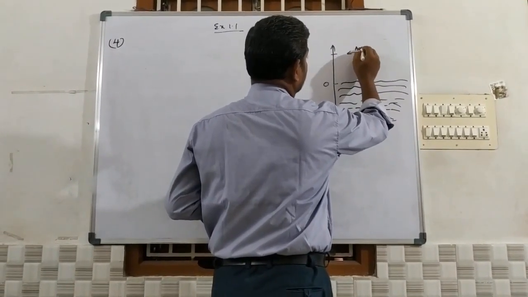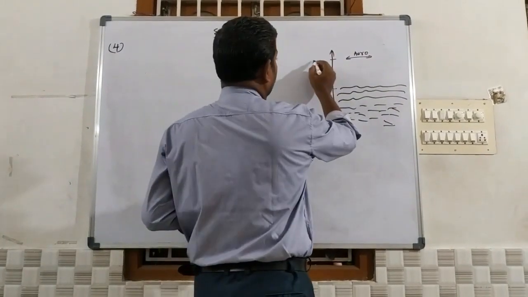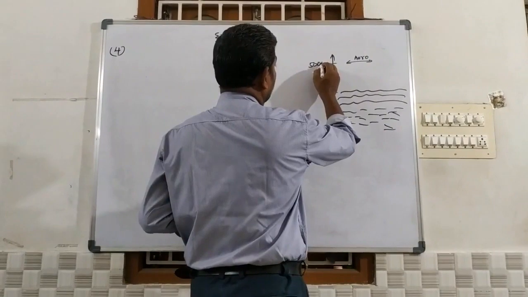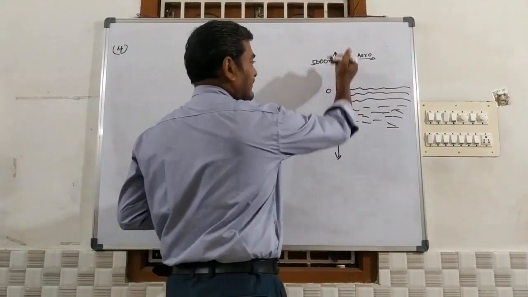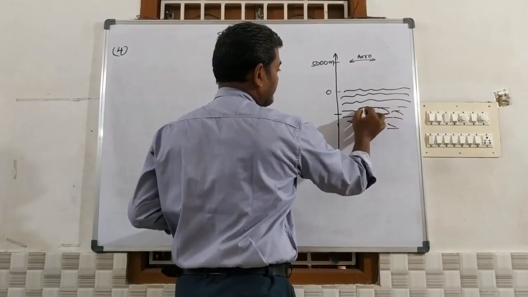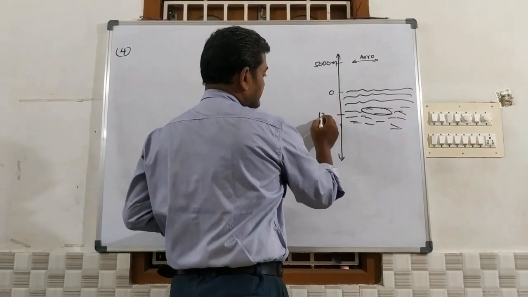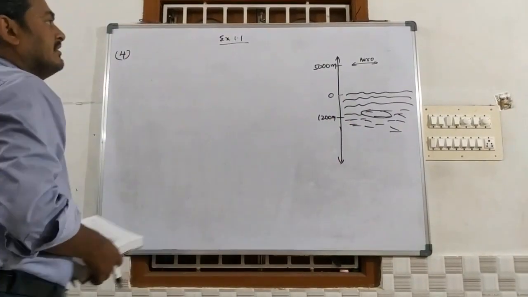How much distance is this aeroplane above? 500 meters above the sea level. And one more, a submarine is there, that is 1200 meters below the sea level.